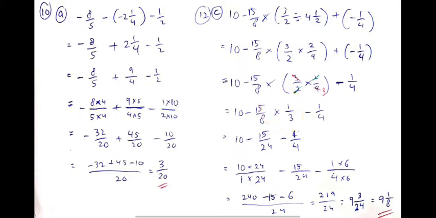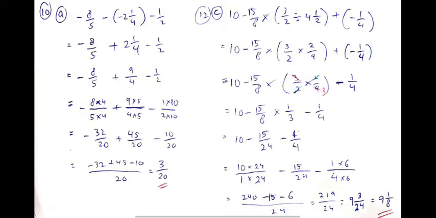Now we have subtraction, multiplication, and subtraction again. Again, back to the rule, we deal with the multiplication first. So we cancel this out also. We can cancel 3 and 15 out, and we have 5 over 8.